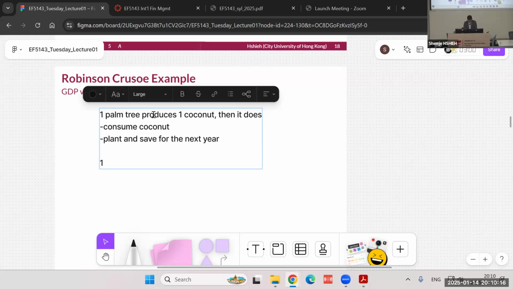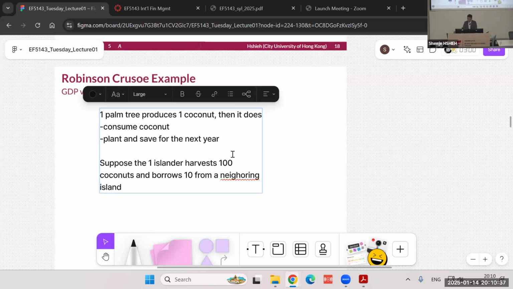All right, so suppose the one islander, the one person living on this island with this machine, harvests 100 coconuts and borrows 10 from a neighboring island.